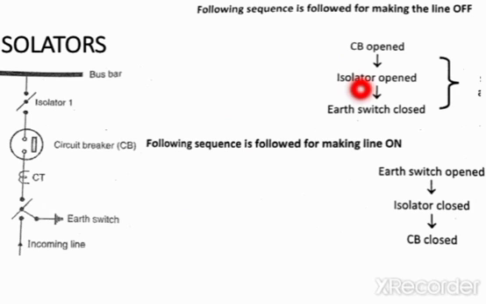While making the line on, we open the earth switch, then the isolator is closed and the circuit breaker is also closed. These two sequences are very important while breaking the contact.